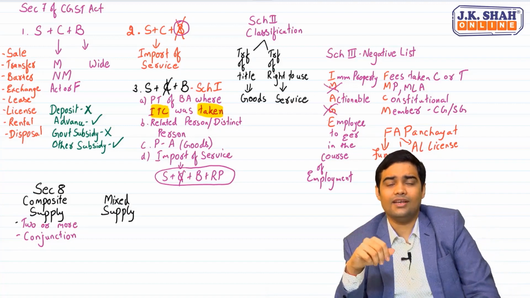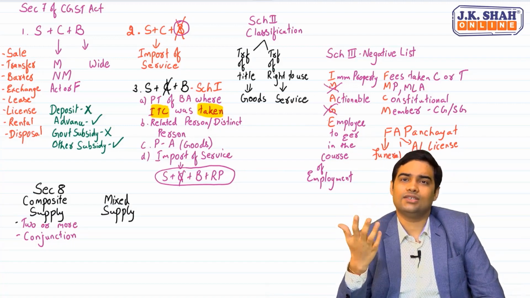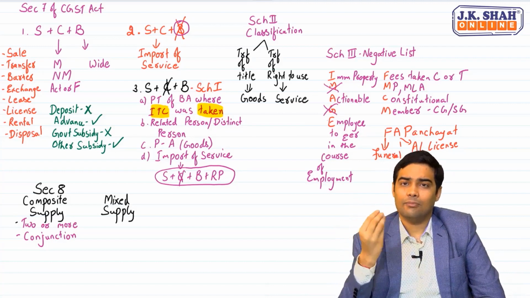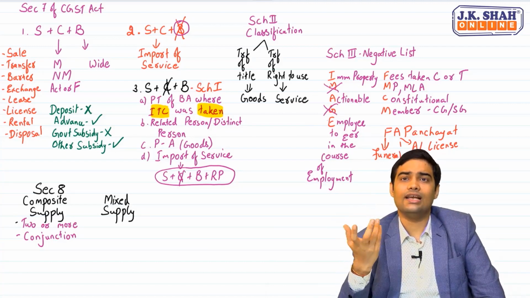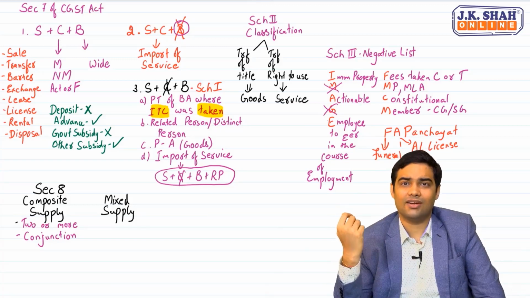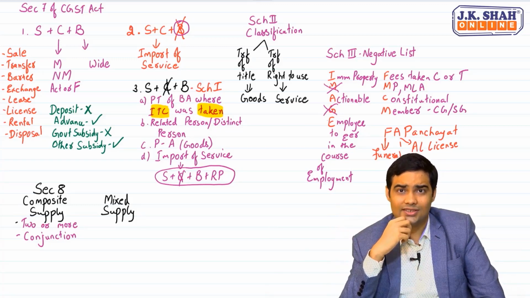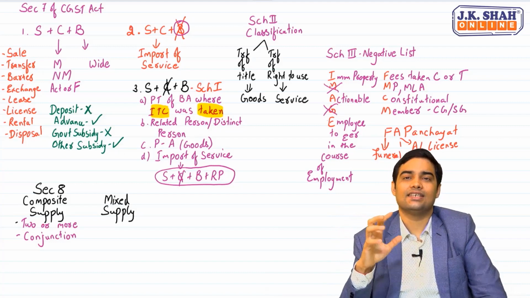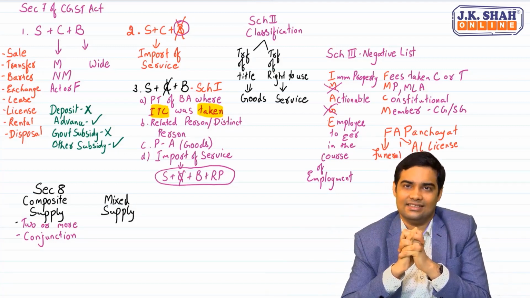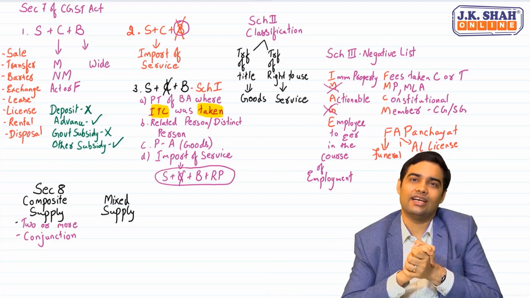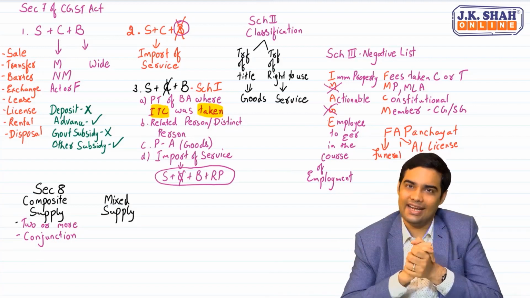For example, hotel accommodation suffers 12% GST. Breakfast suffers 5% GST. Now, if a hotel is providing accommodation plus breakfast, what rate to use? For such cases where there are 2 or more supplies bundled, government has provided the solution in section 8.